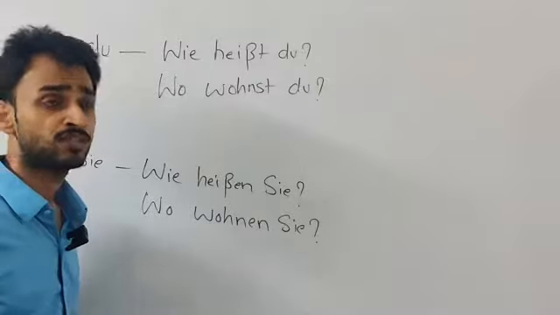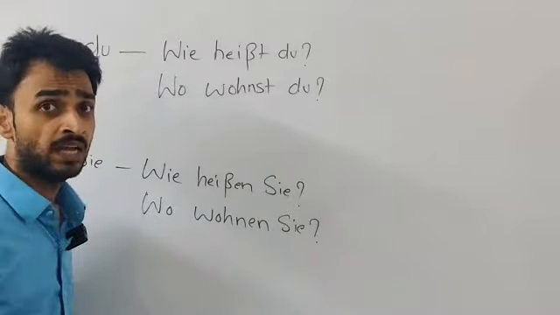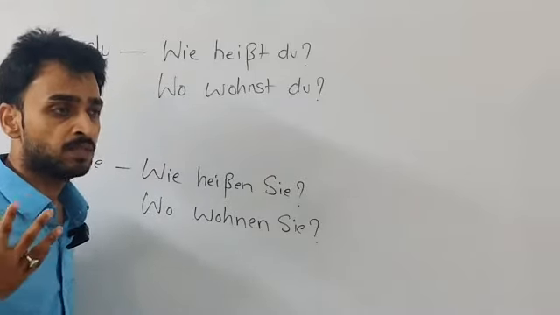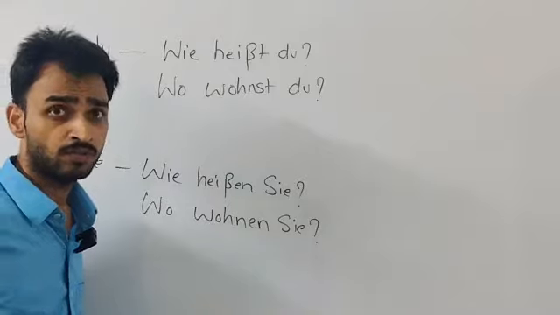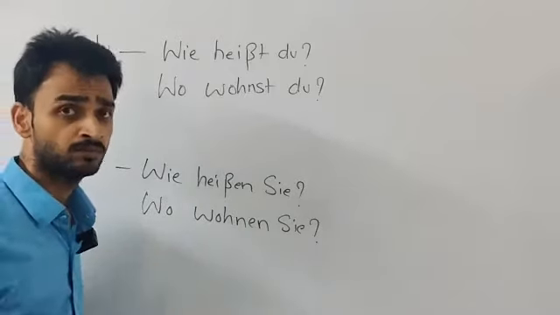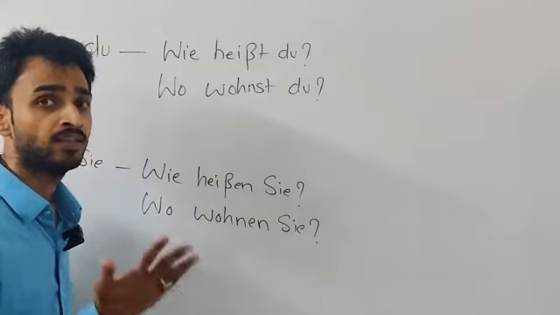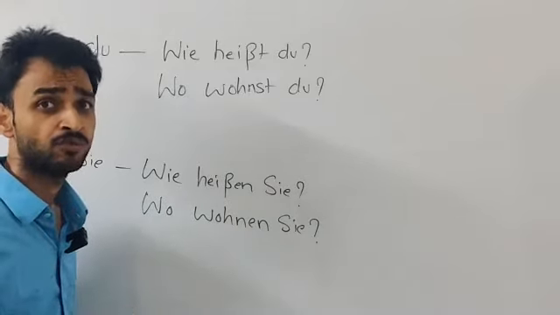In English, we don't have such a structure. We just simply say, how are you? Where do you live? And that 'you' does not confirm whether you are asking formally or informally. You use it for both persons, formal and informal. But in Hindi, we have 'aap kahan rehte ho' or 'tum kahan rehte ho'. If you are an Indian, you know Hindi, you understand what I mean to say.